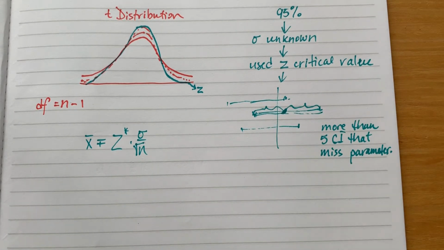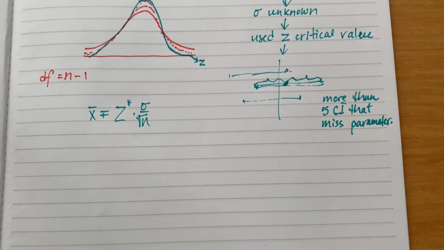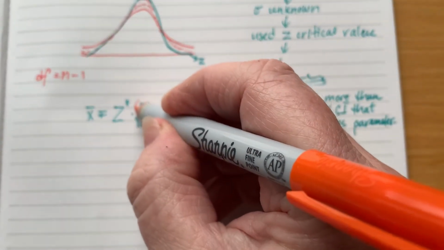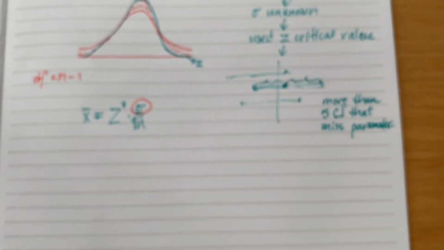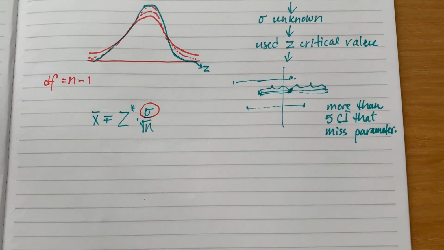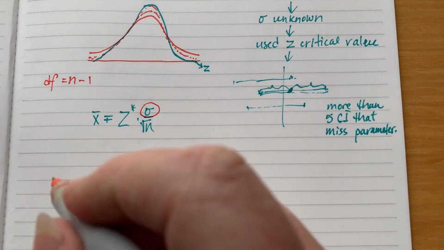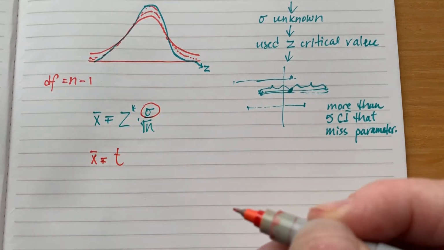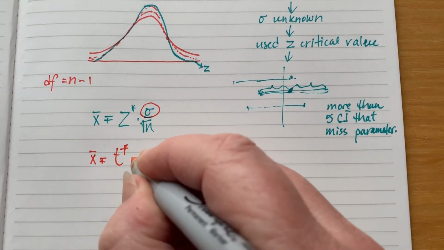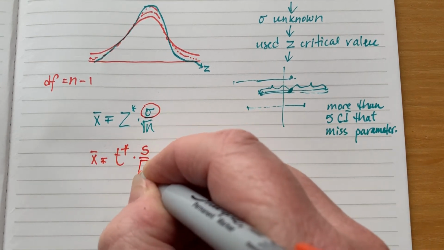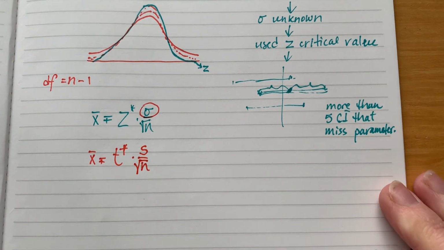When you're going to do a T distribution, you're essentially going to do the same thing, just since you do not know the sigma, you are going to substitute your sigma for the standard deviation of your sample. So you're going to take your X bar plus minus that critical value T that you find from a table, okay? And then instead of sigma, you are going to use your S. And then the rest of this is all going to be the same, okay?